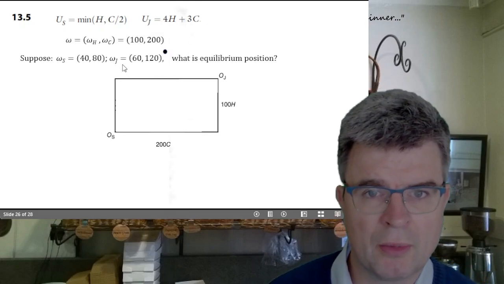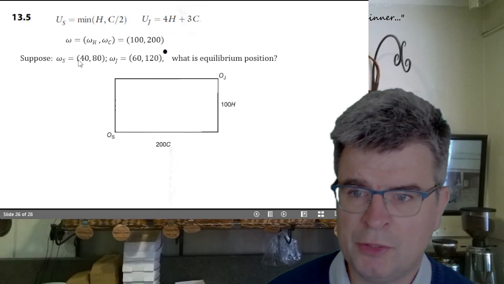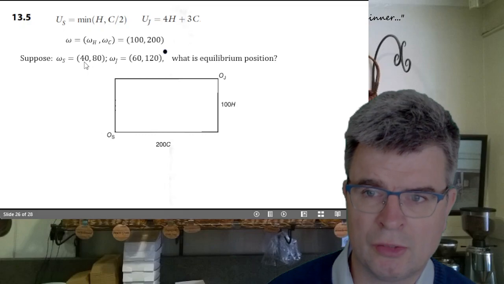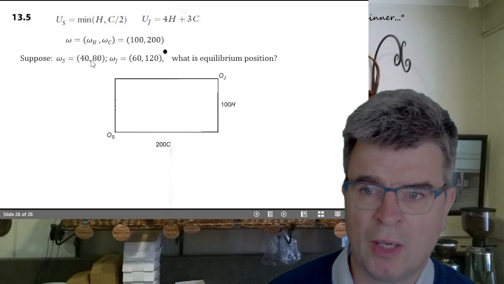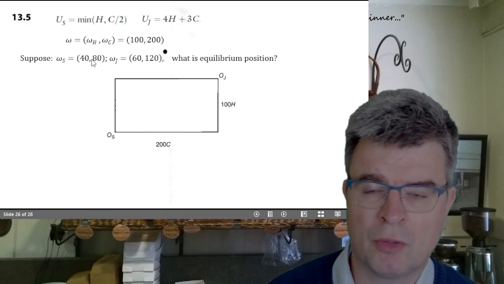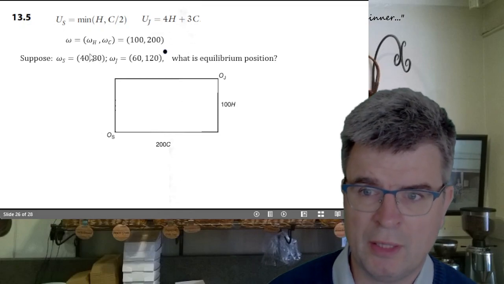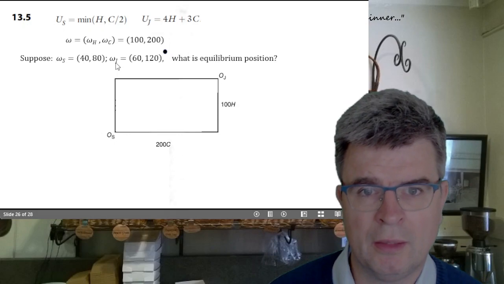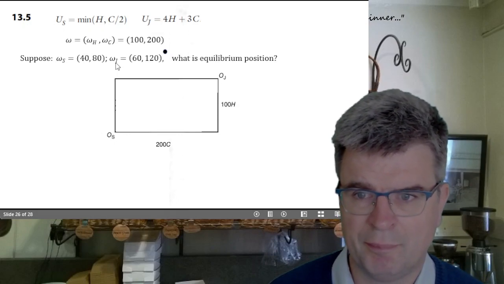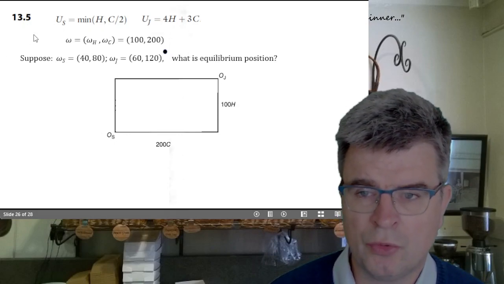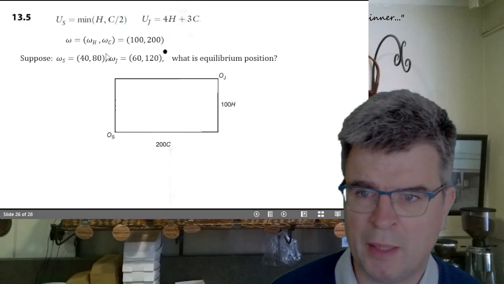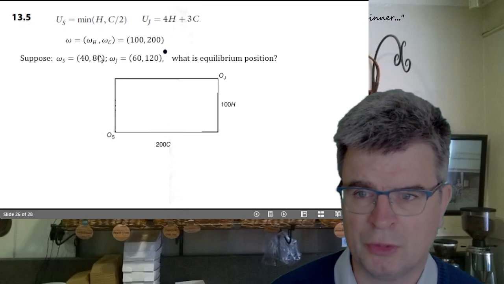Well, in this particular allocation, we see that for Smith, his slices of cheese are twice the number of slices of ham. So this point is on the Pareto efficient set. And no trade is possible that would make one of the two better off without making the other one worse off.